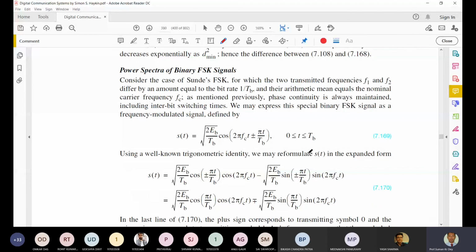Now we'll see the power spectrum of the binary FSK signal.